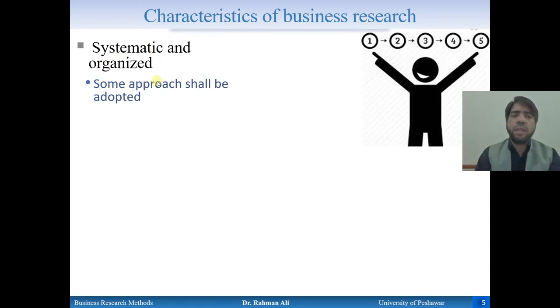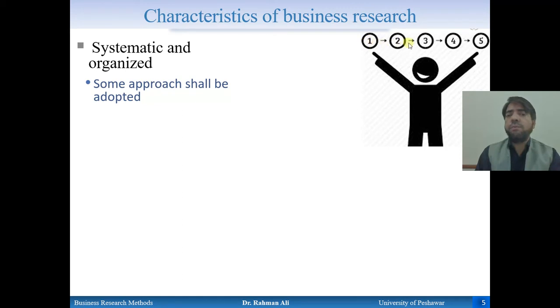The first one is that it's a systematic and organized approach, which is true for all kinds of research in different fields. It means that you cannot skip any of the mandatory steps during the course of business research.